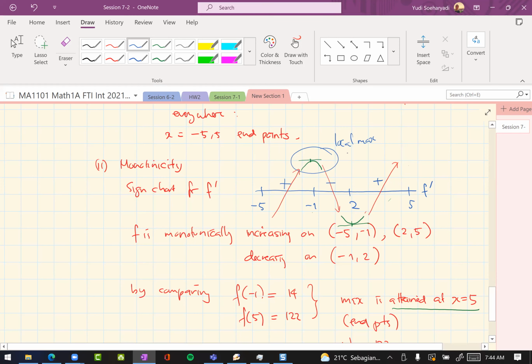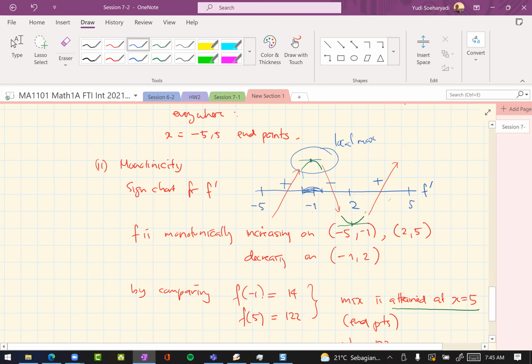Okay, so what is local max? Local max is the highest in this area. There is some interval around that point, around -1, so that at -1, that is max. So you don't have to compare with other critical points.